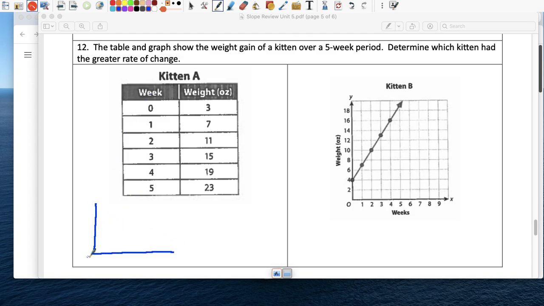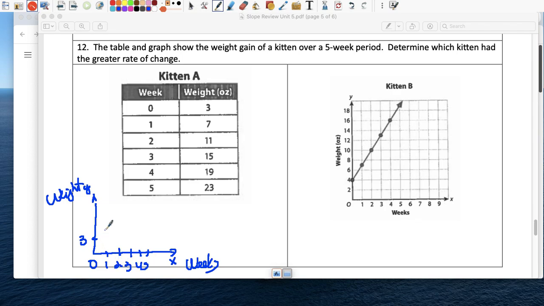So this is your x-axis. This is your y-axis, which would be your weight. This would be your weeks. So at week 0, the kitten is already 3 pounds. 1, 2, 3, 4, 5. 1, 2, 3, 4, 5.